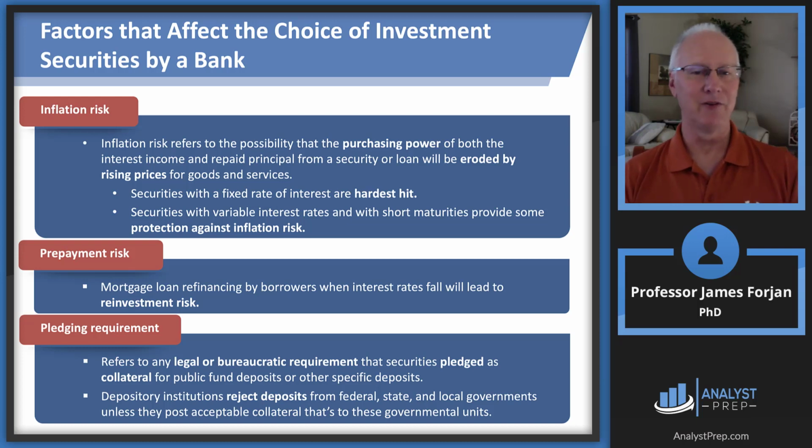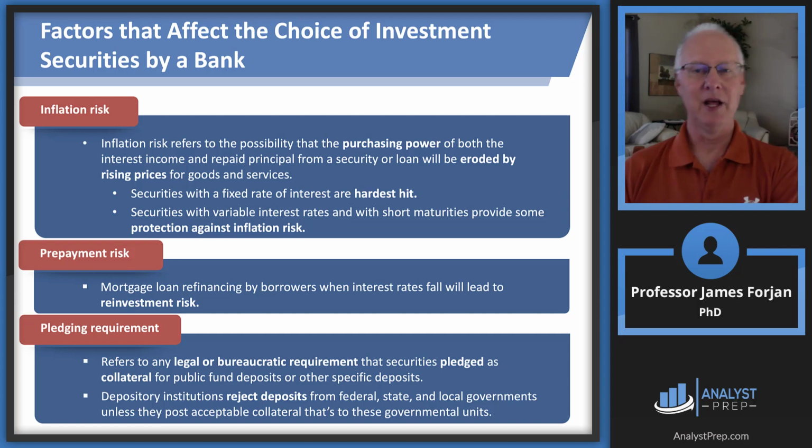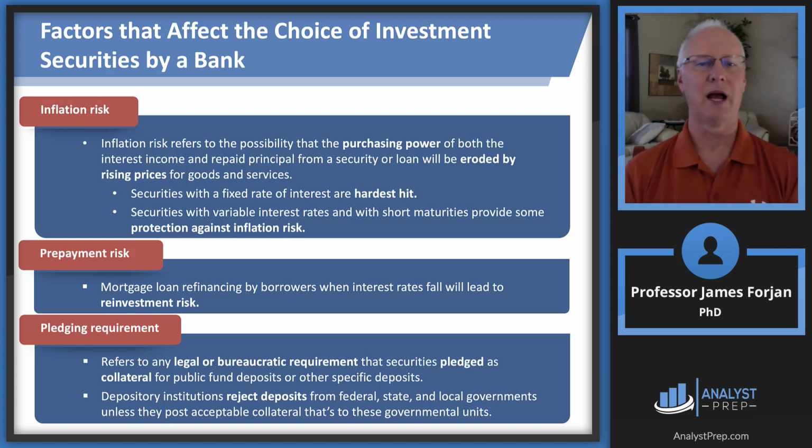But what happens if those two are flipped, right? And you only get $1.10 from your investment, but a loaf of bread costs $1.50. Well, you're worse off than you were a year ago. So that's inflation risk. That's why that first circle point, the possibility that the purchasing power of both the interest income, all right, so you're getting these coupon payments every year, and the repaid principal will be eroded by rising prices.